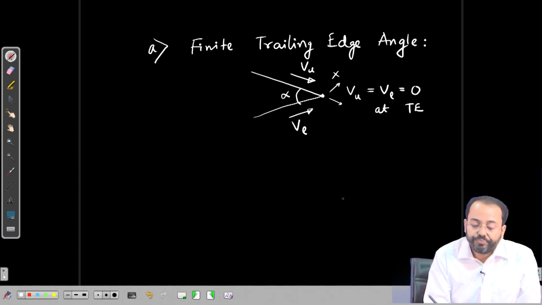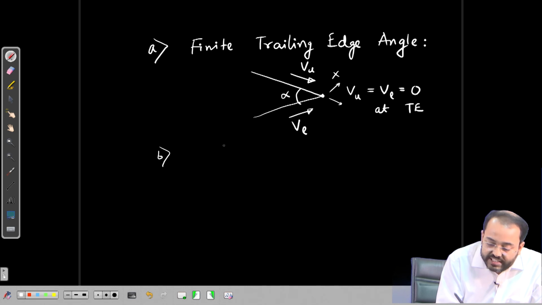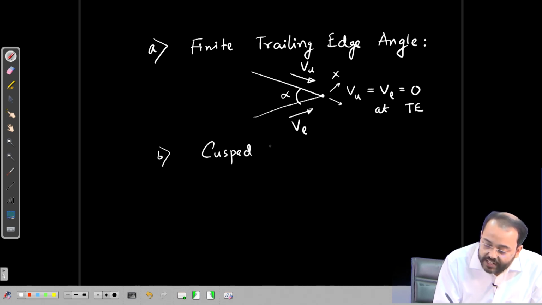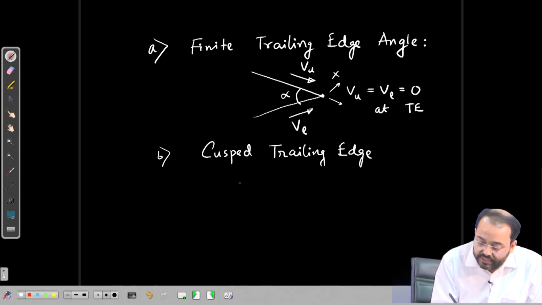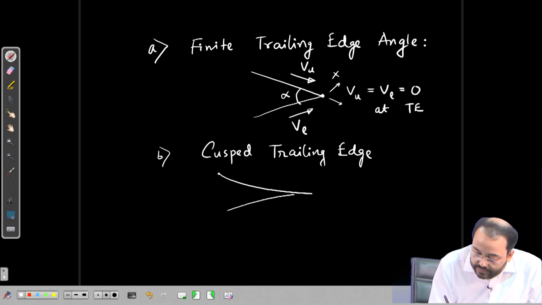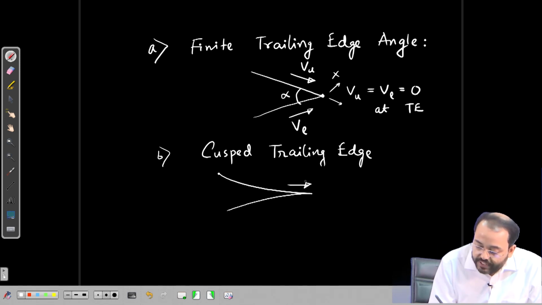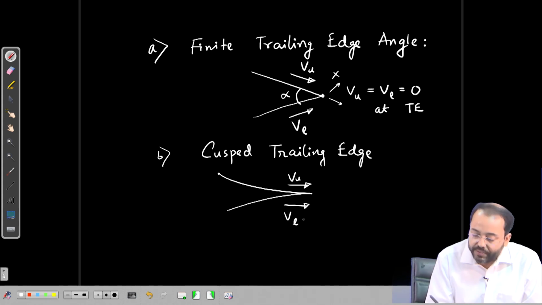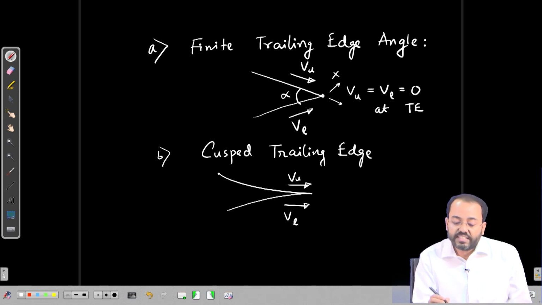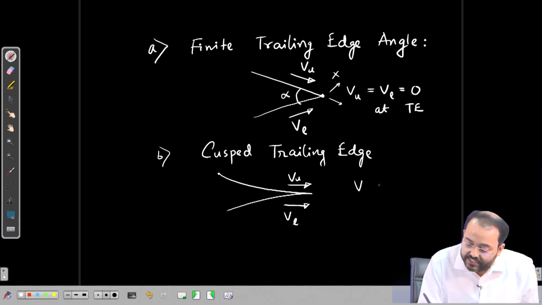Okay. And another condition, depending on the design, we can have a cusped trailing edge. Let us say that the trailing edge is cusped. So, in this way we can have a velocity Vu and Vl over the upper and lower surface. So, in this condition there can be a finite velocity at the trailing edge.